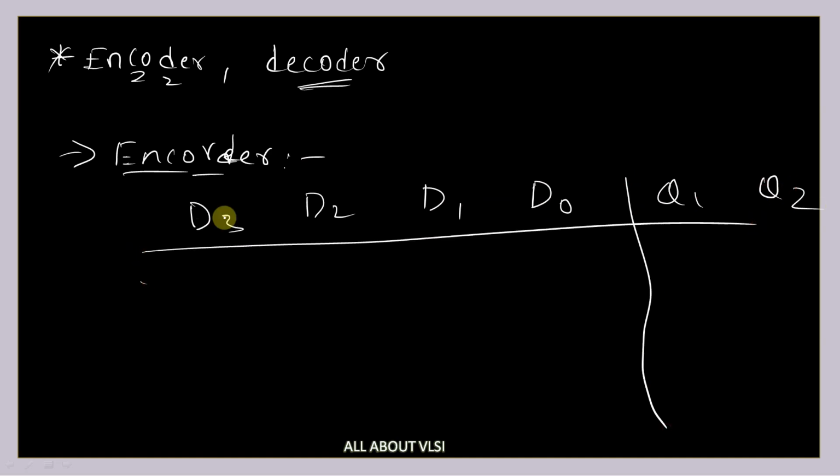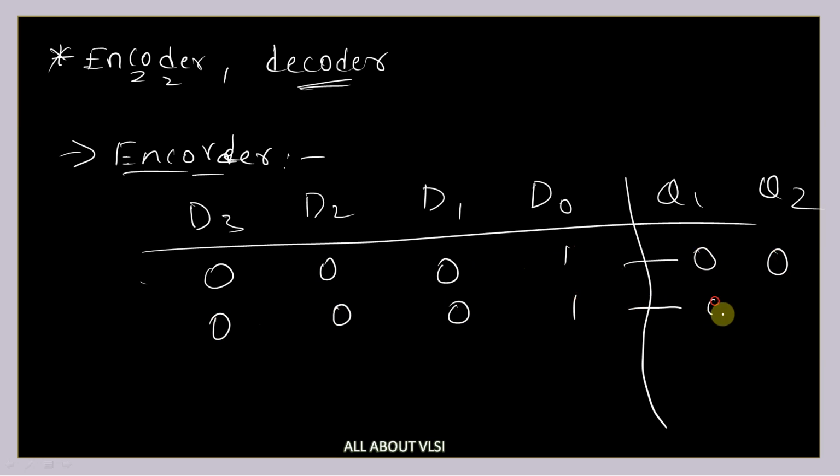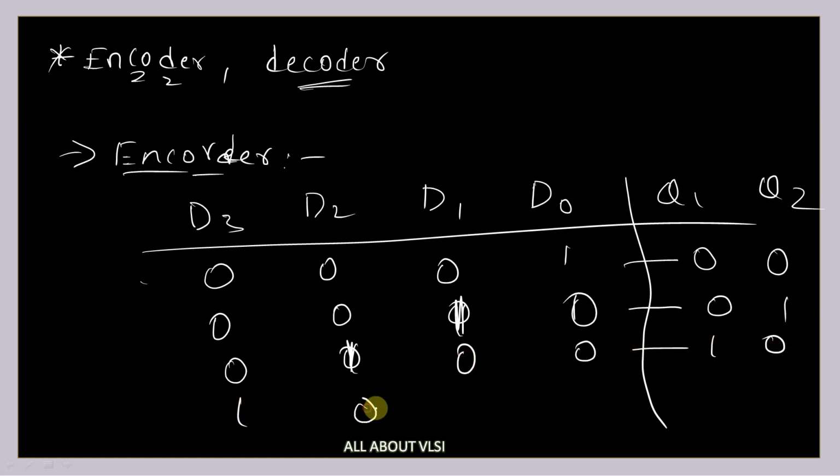If my inputs are 0, 0, 0, 1, my output is 0, 0. If my inputs are 0, 0, 1, 0, then my output is 0, 1. And for 0, 1, 0, 0, my output is 1, 0. And for 1, 0, 0, 0, my output is 1, 1. So this is my encoder truth table.